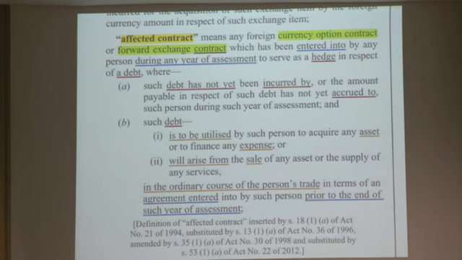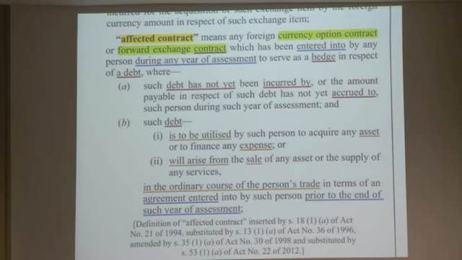So you don't have a transaction date yet. The debt is going to be utilized by the person to either acquire an asset or to finance an expense, or it will arise from the sale. So remember when I used the term debt, I said it can be going both ways. Either you owe someone money, so if you're going to use it to buy something, it means you're going to owe someone.